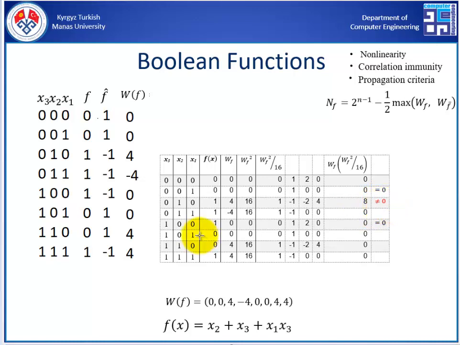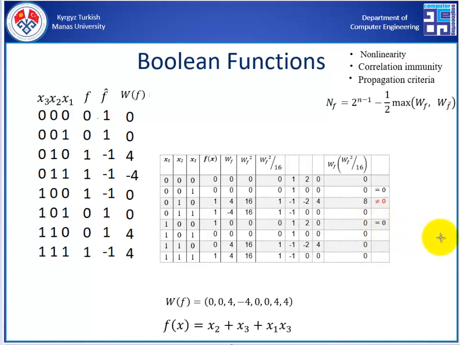If we check whether half of the bits change when we change the input bit x3, the result will show that exactly half of the output bits change when we change the x3 input bit, because we can see that the resulting element of the Walsh-Hadamard transform is equal to 0.